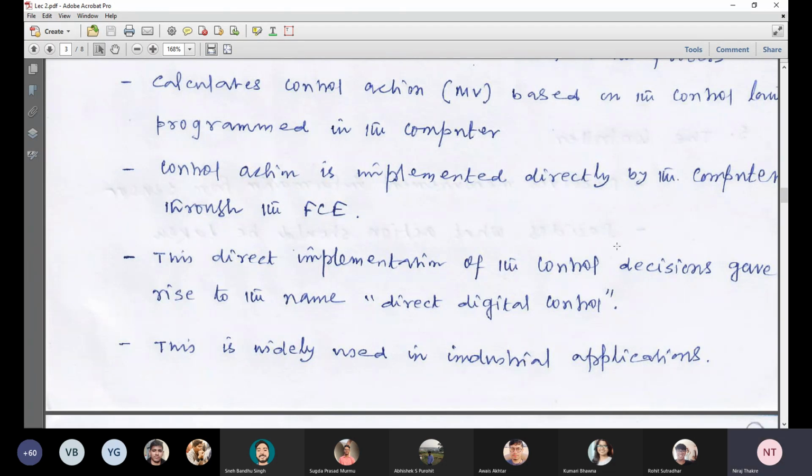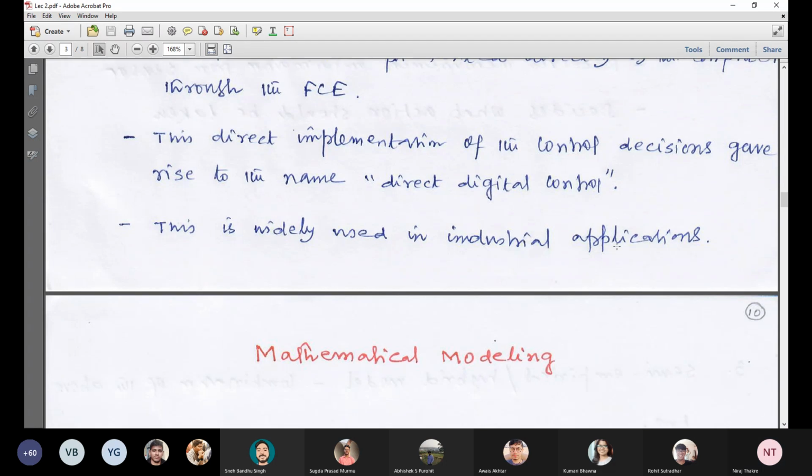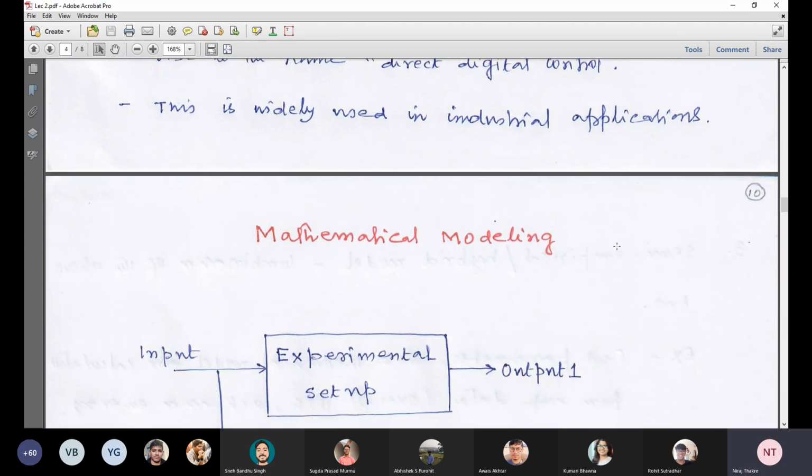This is all about hardware elements. Next, our topic is mathematical modeling. So what usually we do, we have an experimental setup.